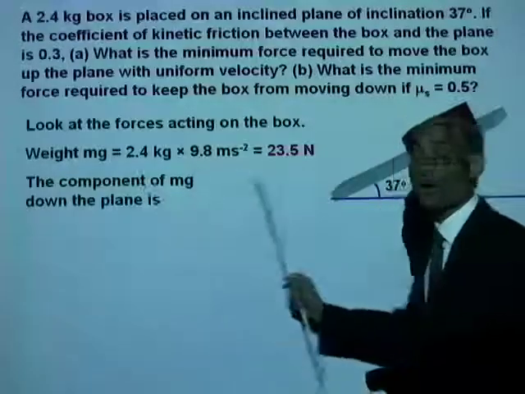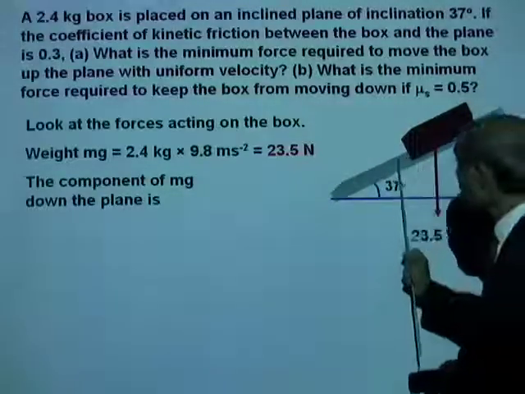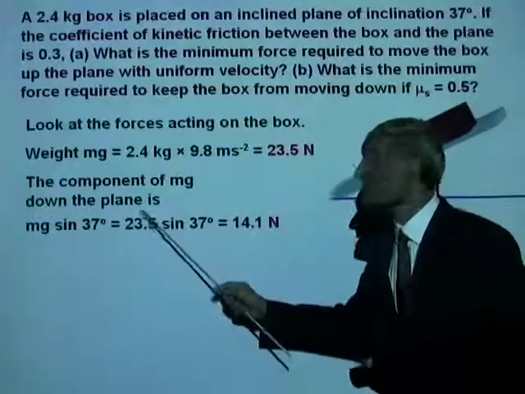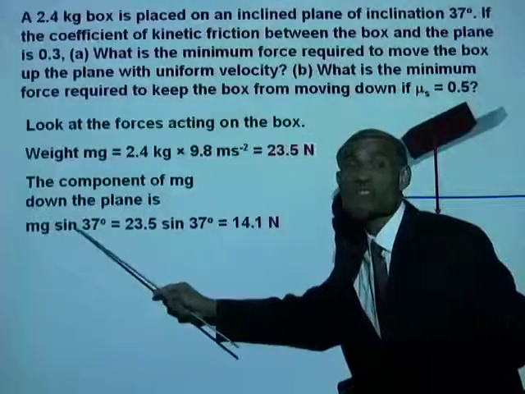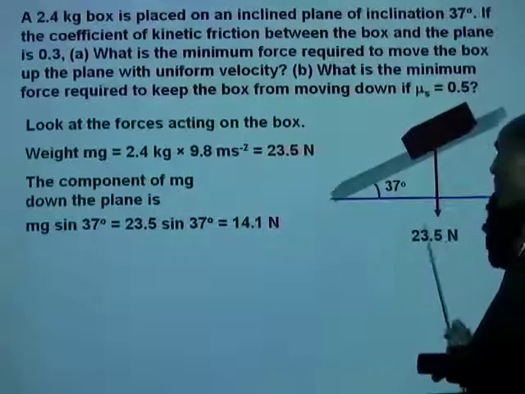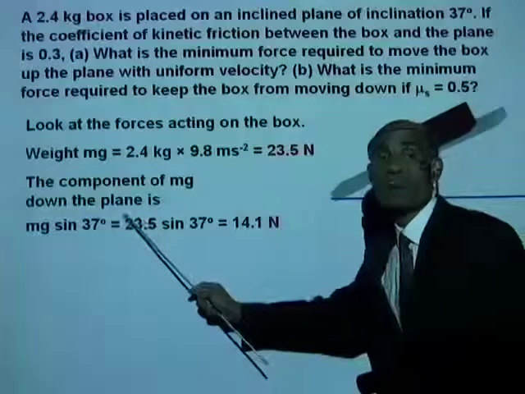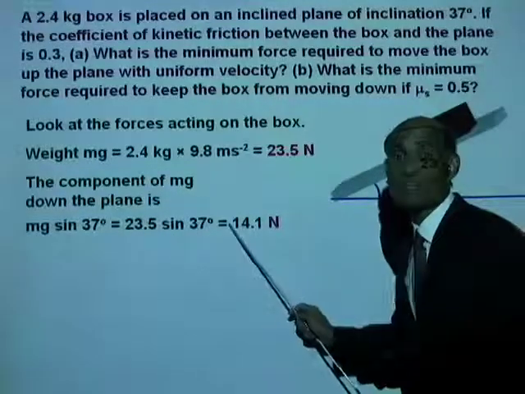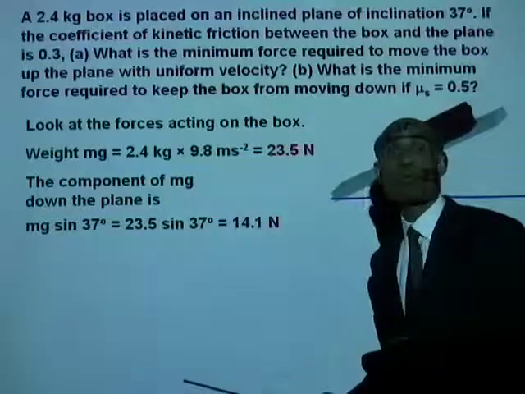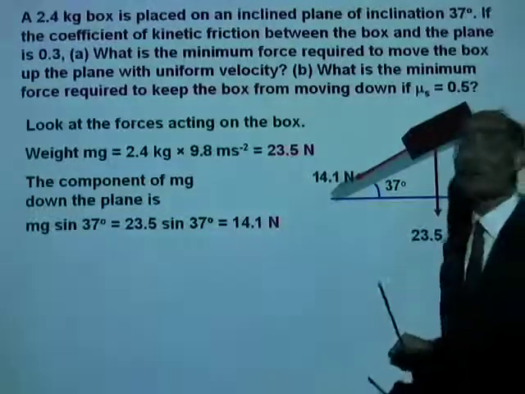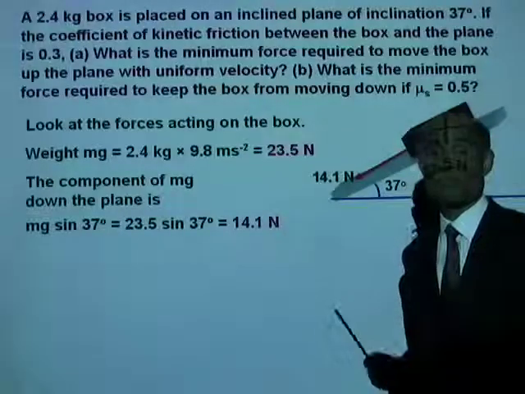The component of this force pulling the box down the plane is m g sine theta, m g sine 37. m g is 23.5 Newton, so that will be 23.5 sine 37, and that is 14.1 Newton. That is the force pulling the box down the plane.